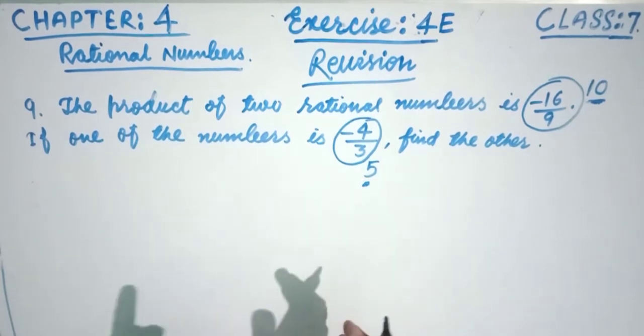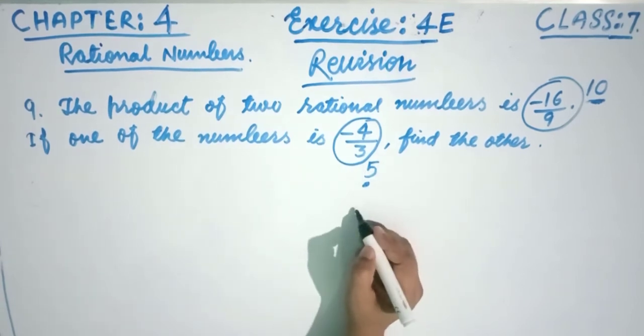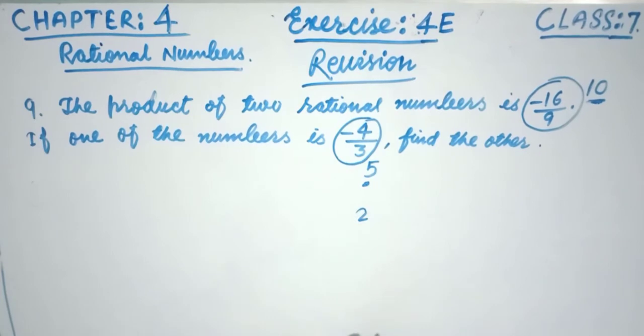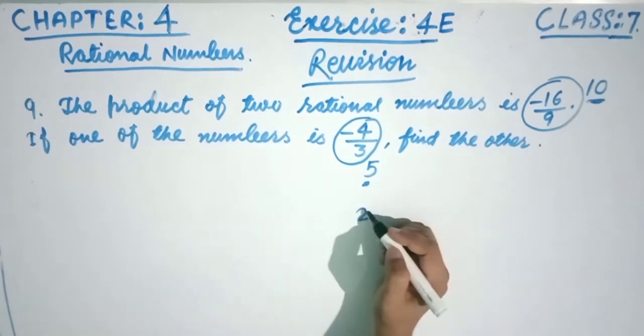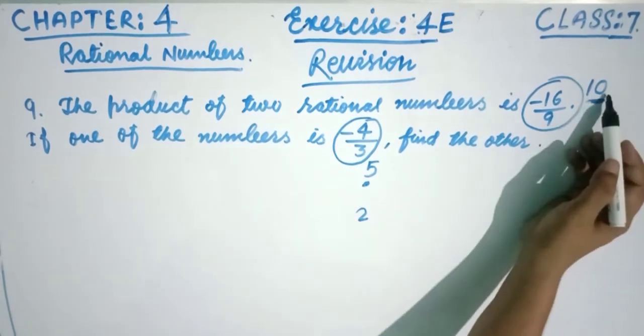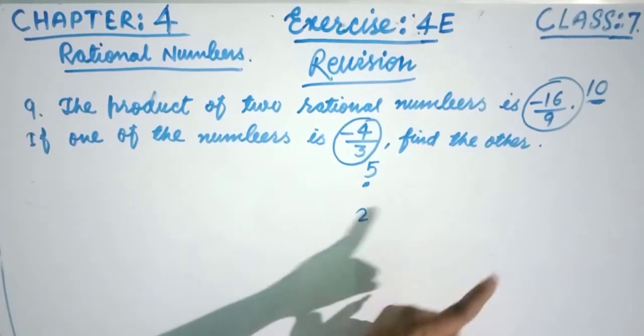So the product is 10, and you can easily say the answer, yes, the other number is 2. Why? Because 5 multiplied by 2 is equal to 10. But no friend, this is not the exact concept. The concept is, 10 is divided by 5, then we will get 2. Remember friends, the product of two numbers is 10.